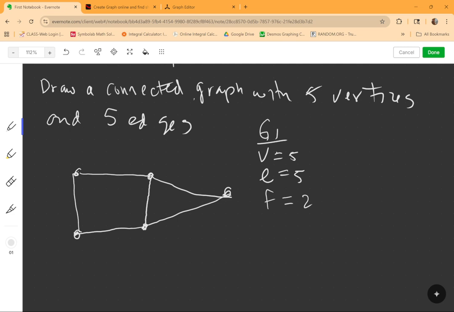So now this second version of my graph: vertices, still 5. Edges, I've added 1. Here we have 1, 2, and then the unbounded one. Faces is 3.